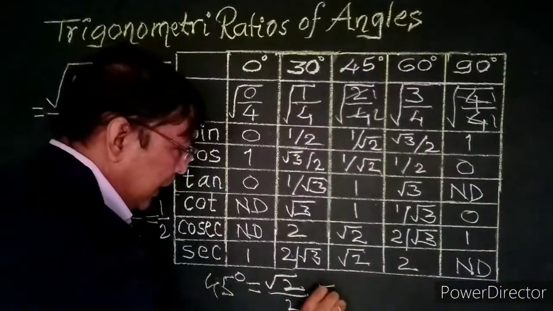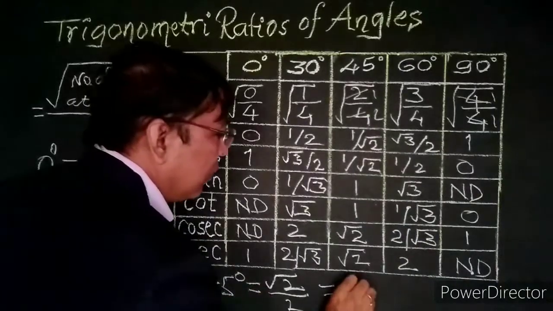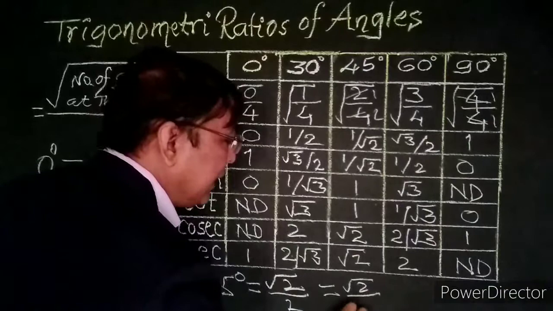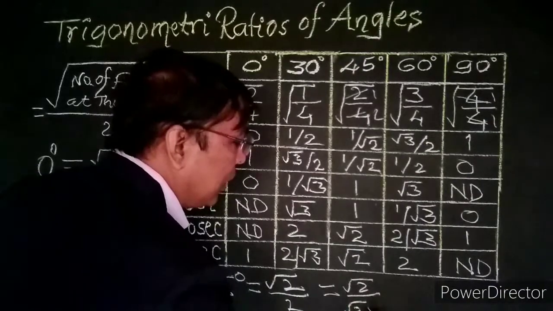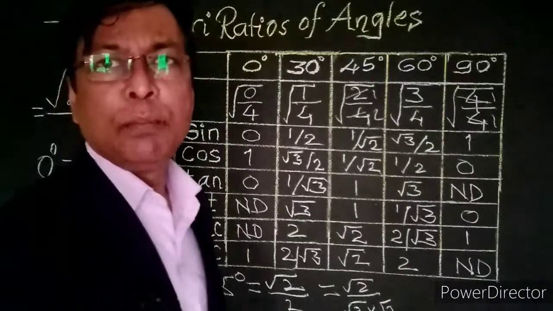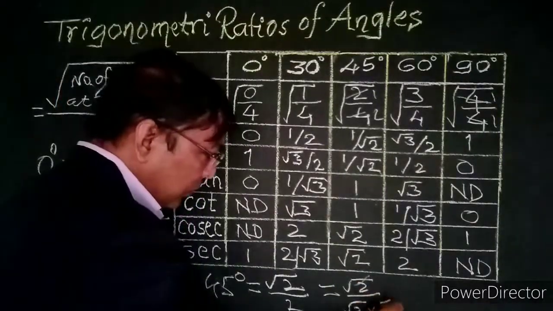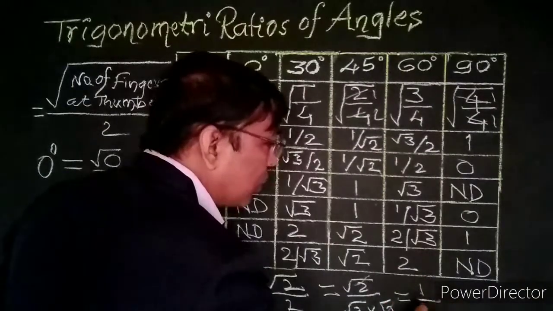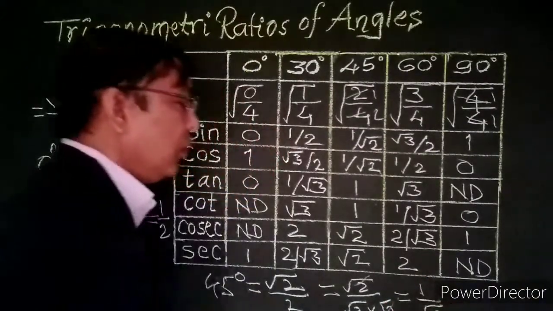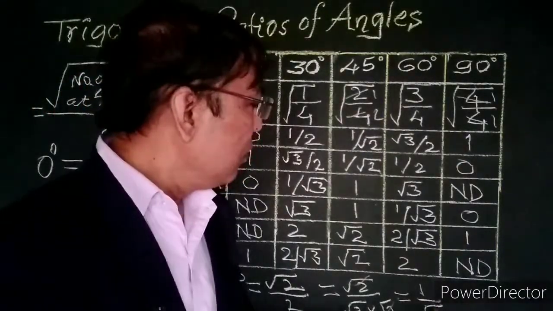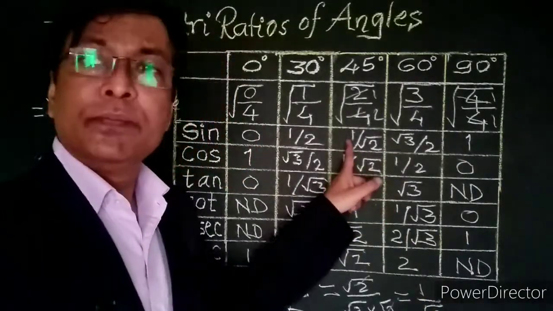Now instead of writing square root of 2 divided by 2, I write root 2 divided by root 2 times root 2, I have simplified here. Here root 2 gets cancelled. Therefore, 1 upon root 2 remains. Therefore, we say that sine 45 is 1 upon root 2.